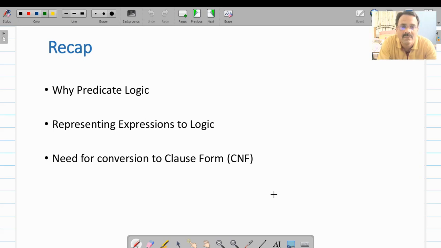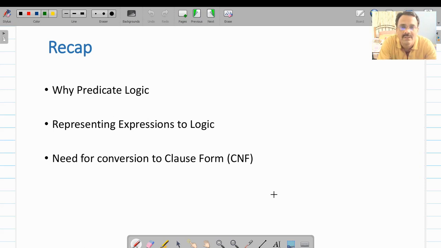This clause form conversion is required to make your statements consistent with each other, so that during the matching process, resolution can find matching pairs of predicates. In resolution, we need to find P and not P kind of pairs, complementary pairs, so that you can remove them during resolution, and ultimately you will find out whether that leads to an empty clause or not.